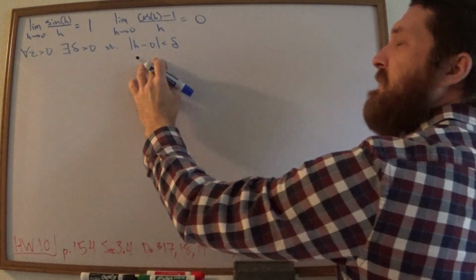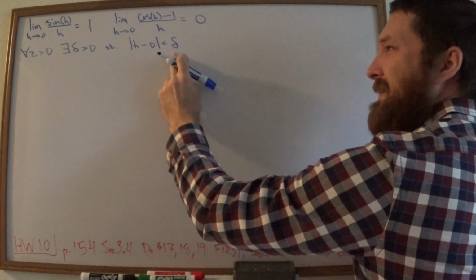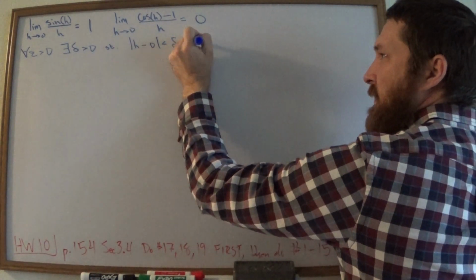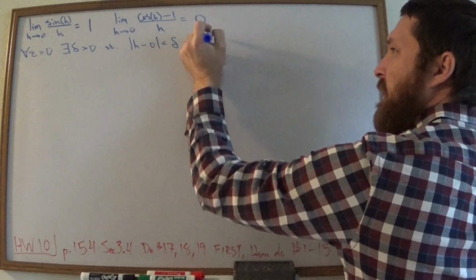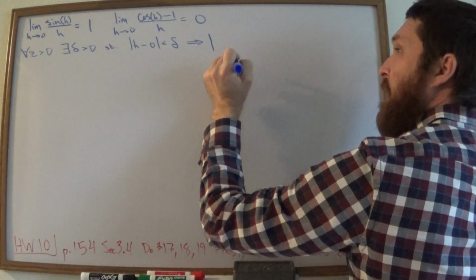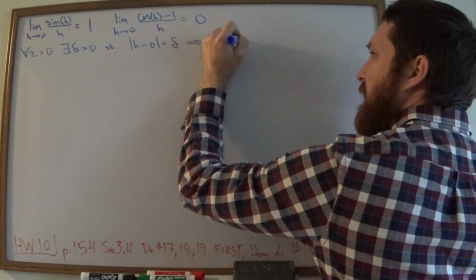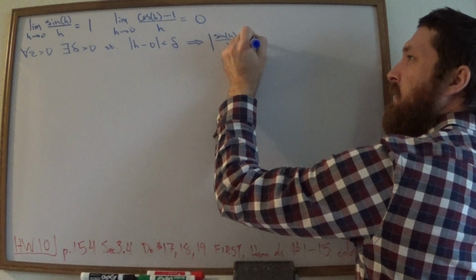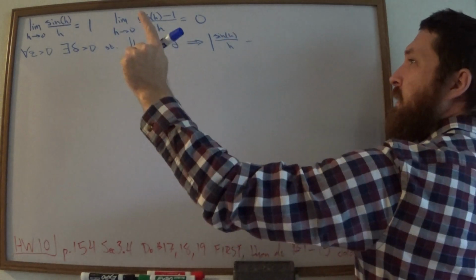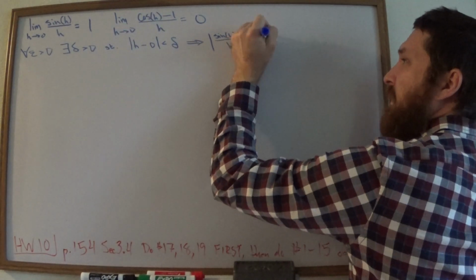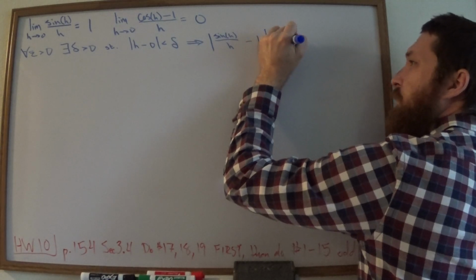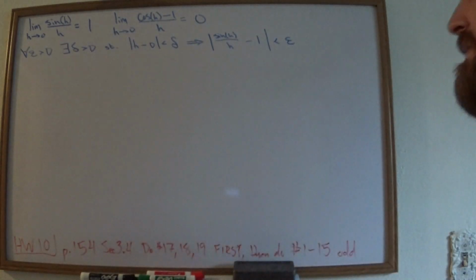When the distance from h to 0 is less than delta, then the absolute value of sine h over h minus 1 is less than epsilon. That's what we need to prove.